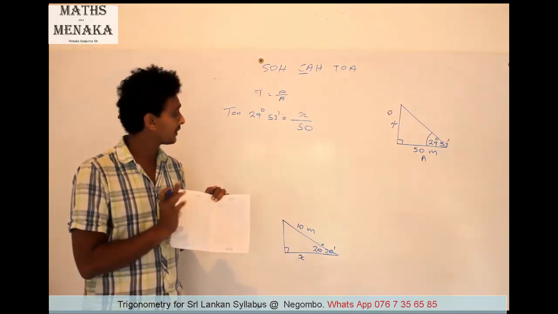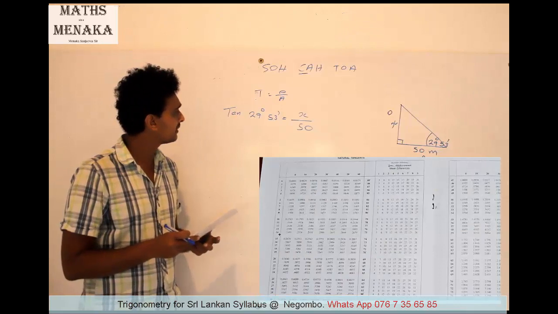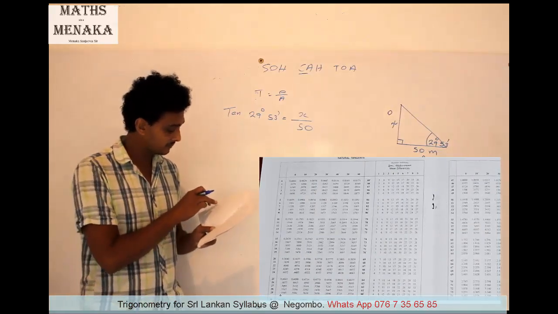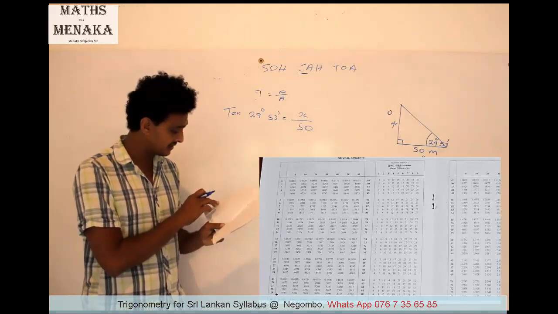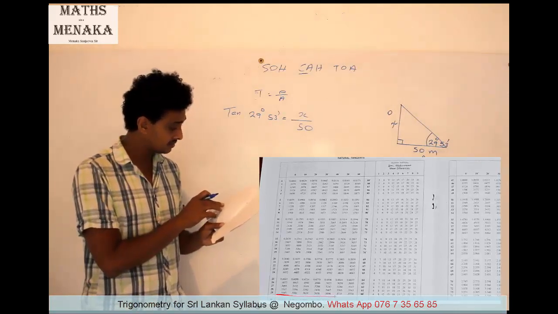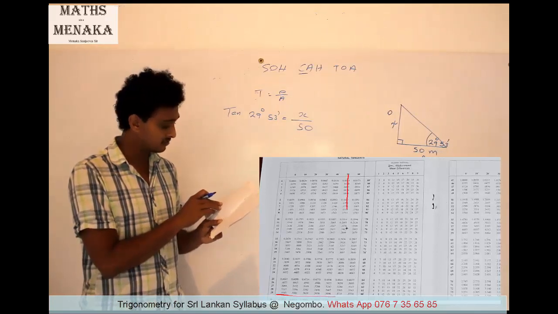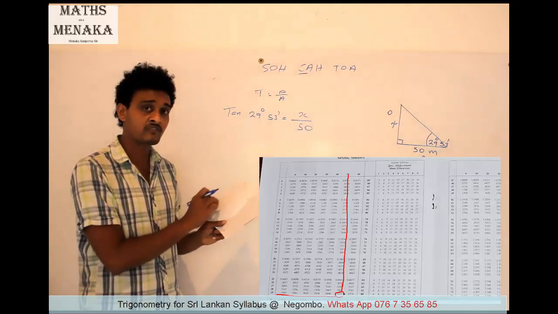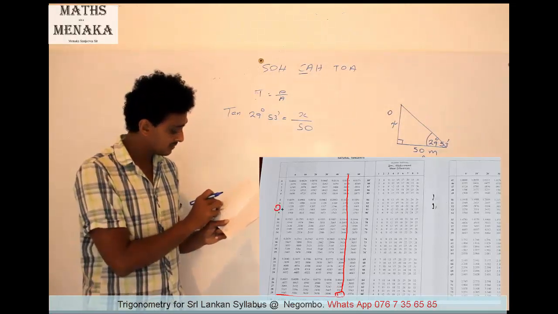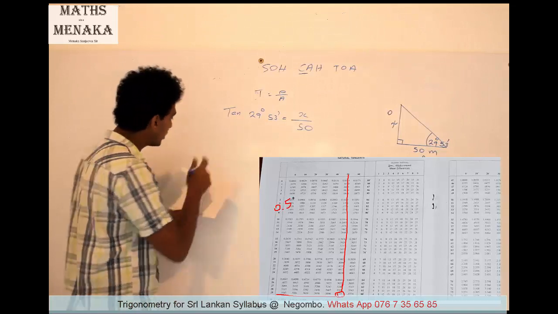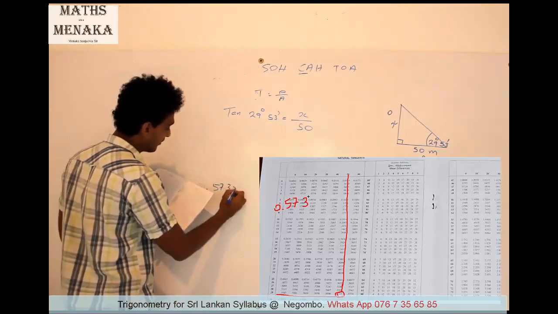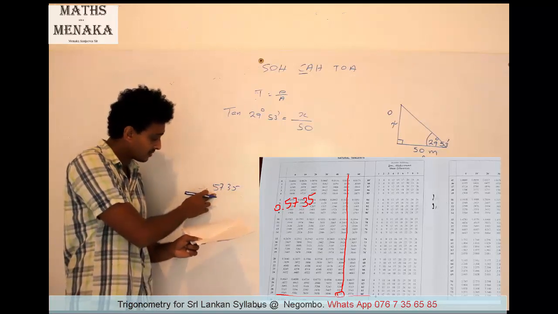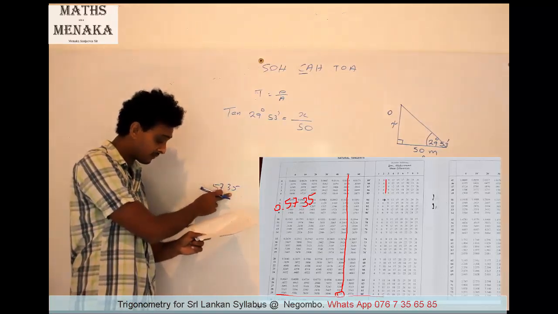Okay. Now go to this one, 29 degrees and 50 minutes in the tan table. 29 degrees, and 50 minutes you have to get from the upper bar. 29, 50 is 0.5735.